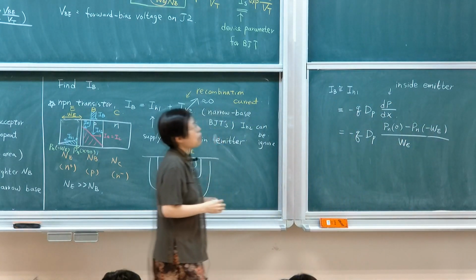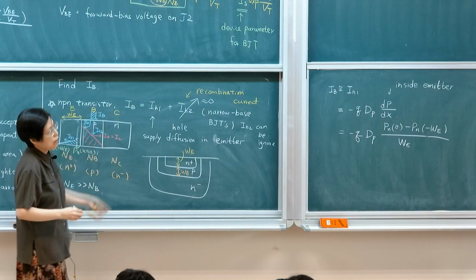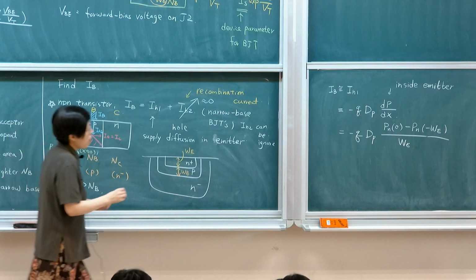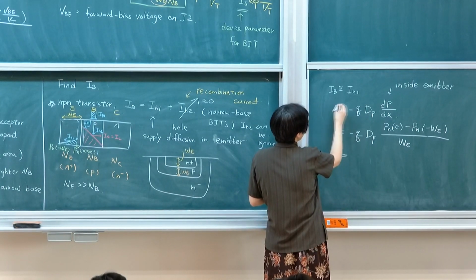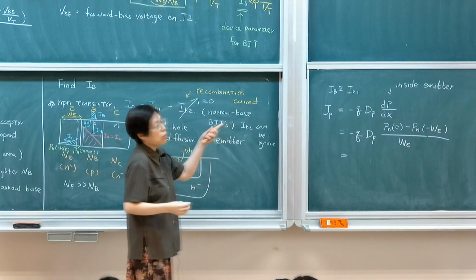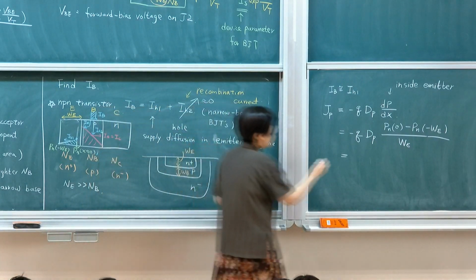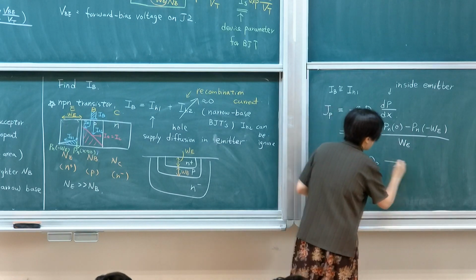We're following the definition of gradients. Therefore, you start with the left side and the right side. So left, right, left, right. Okay? So then this is JP. I should use JP because I didn't include the area yet. So this will be minus Q dP.